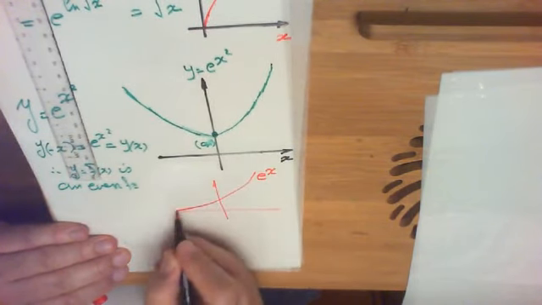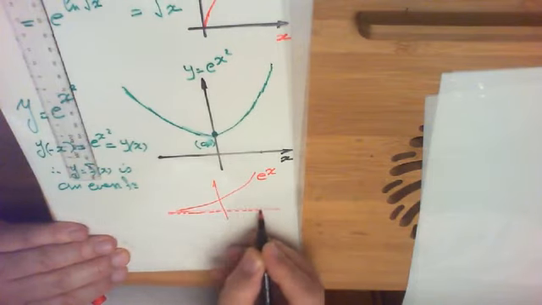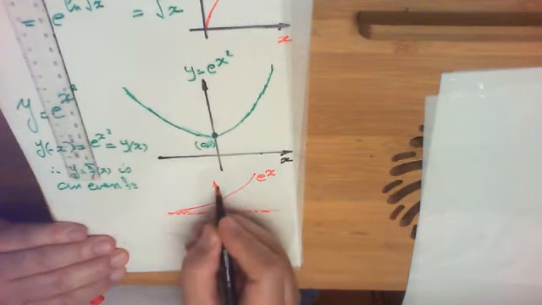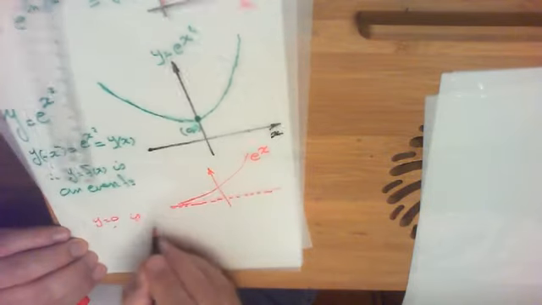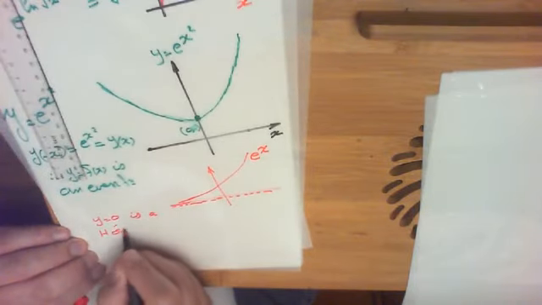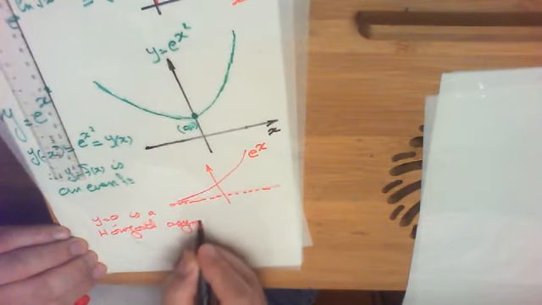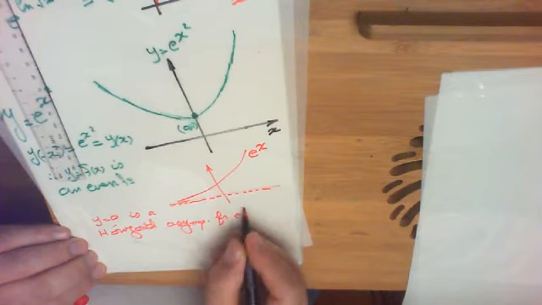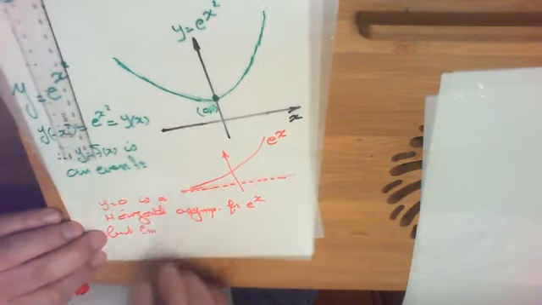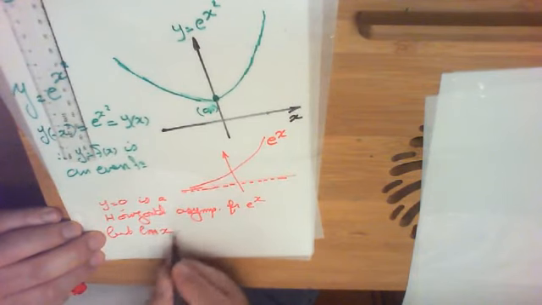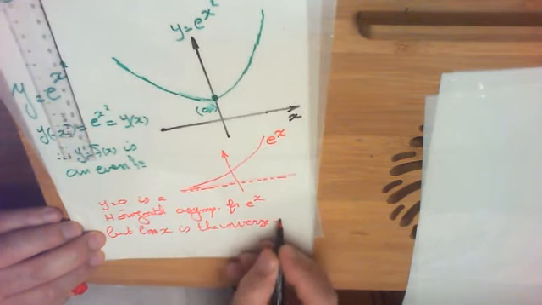As x approaches minus infinity, e to x approaches a specific value for y. So y equals 0 is a horizontal asymptote for e to x. But ln x is the inverse of e to x.